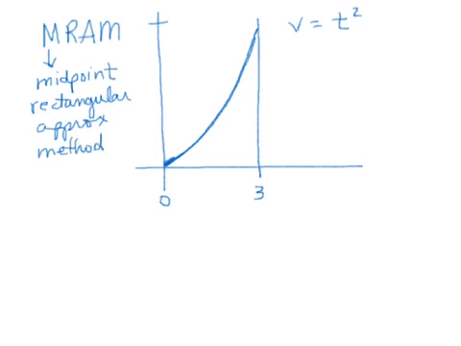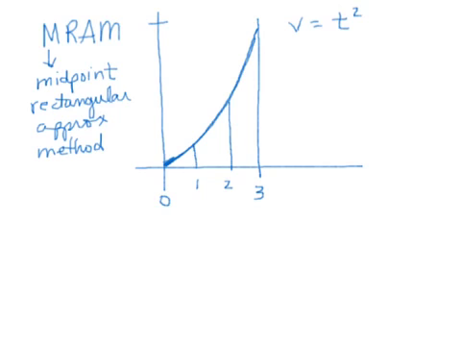Now, when I give you a problem, I will tell you how many ways I want you to divide up your rectangle. So for right now, what I want you to do is divide this region into 3 equal parts, or at least 3 equal widths, not so much a portion.